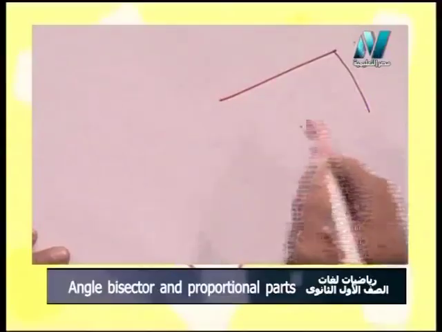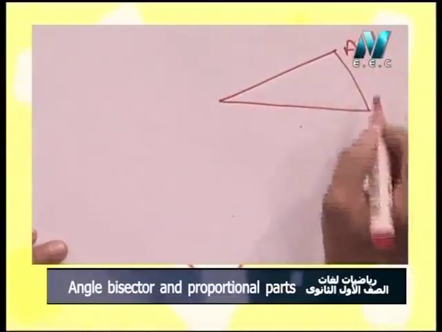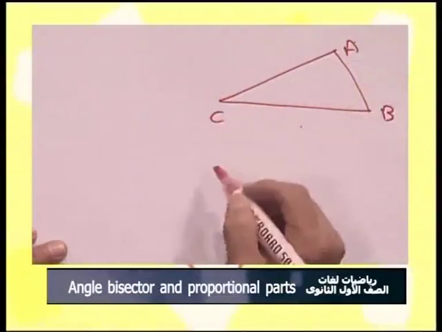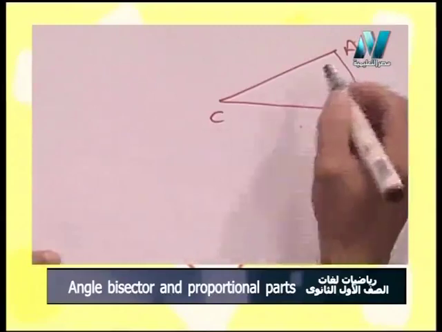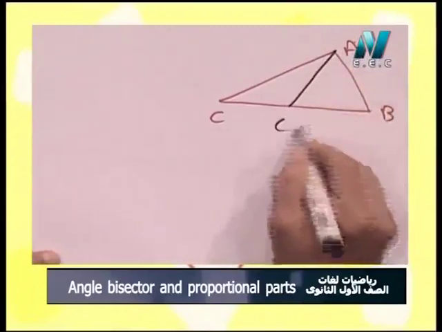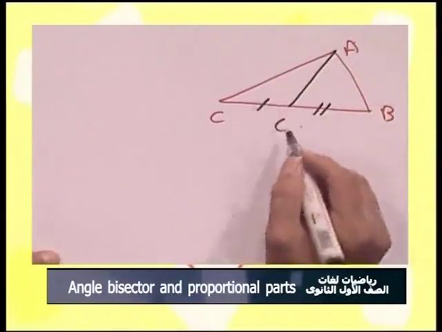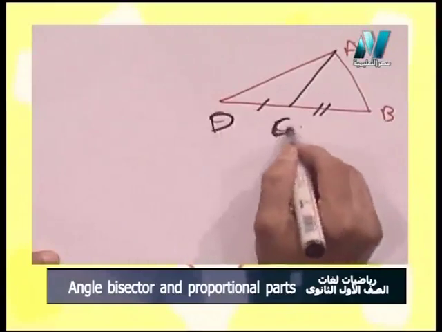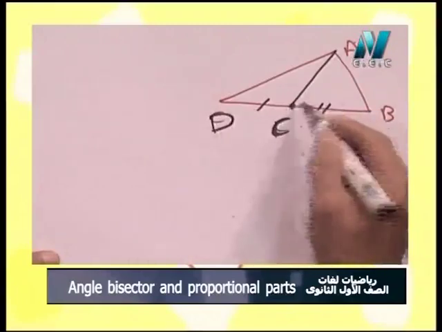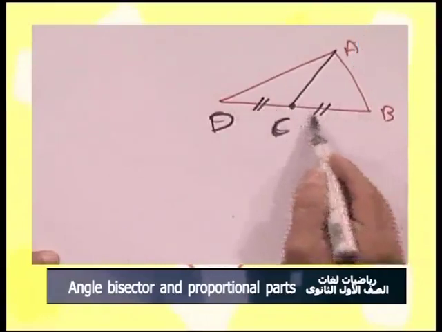If we have a triangle like that, triangle ABC, and we have AC here, such that, let's say it's D here and C here. C is the midpoint of BD, so we can say that BC equals CD.